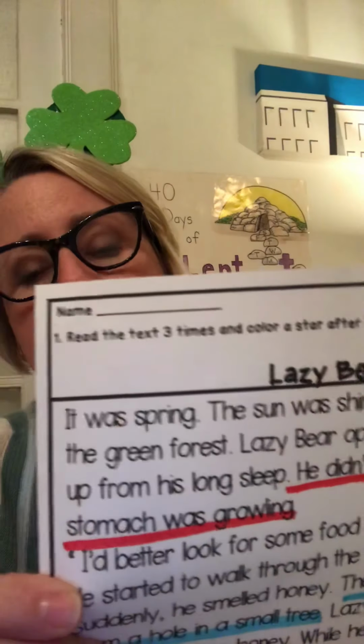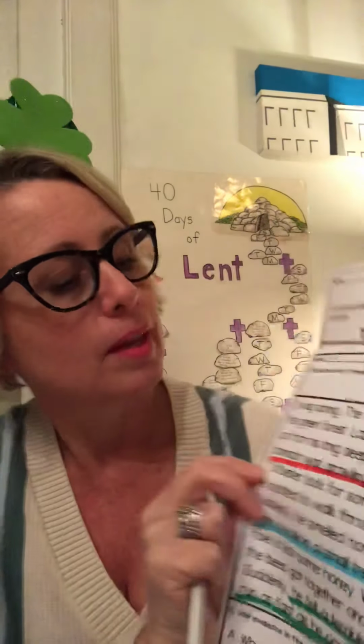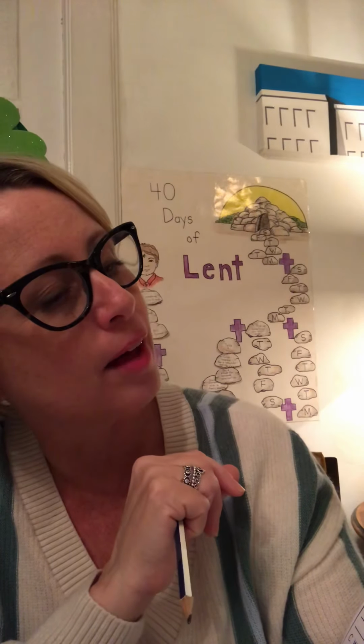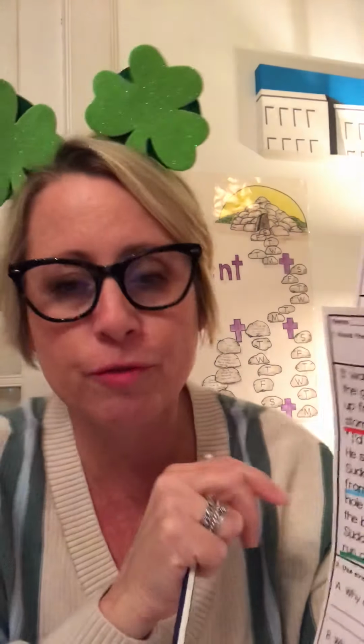And the setting of the story is a zoo in summer. We know from the very beginning, it says it was spring. The sun was shining down among the trees in the green forest. Okay? So go back and make sure you're using your text to answer your questions and to do this true and false.